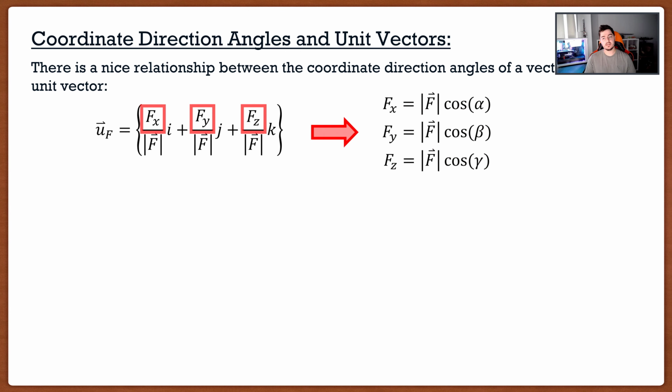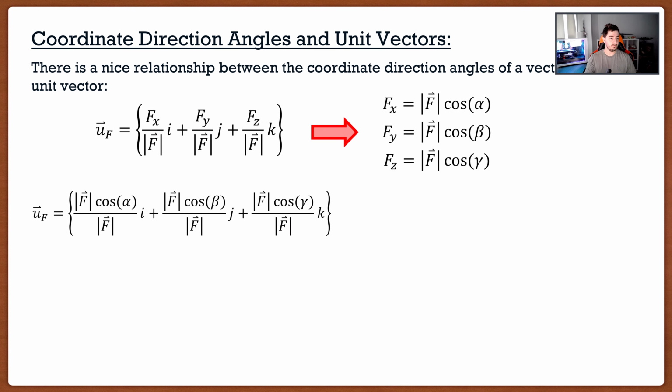We know that Fx is the magnitude multiplied by cosine alpha, Fy is F multiplied by cosine beta, and Fz, of course, is F multiplied by cosine gamma. So if I take those identities from coordinate direction angles and substitute them into the unit vector formula, I get the following. Now it's nice here because I'm seeing a lot of magnitudes of F on the top and the bottom, so I can actually cancel those all out.